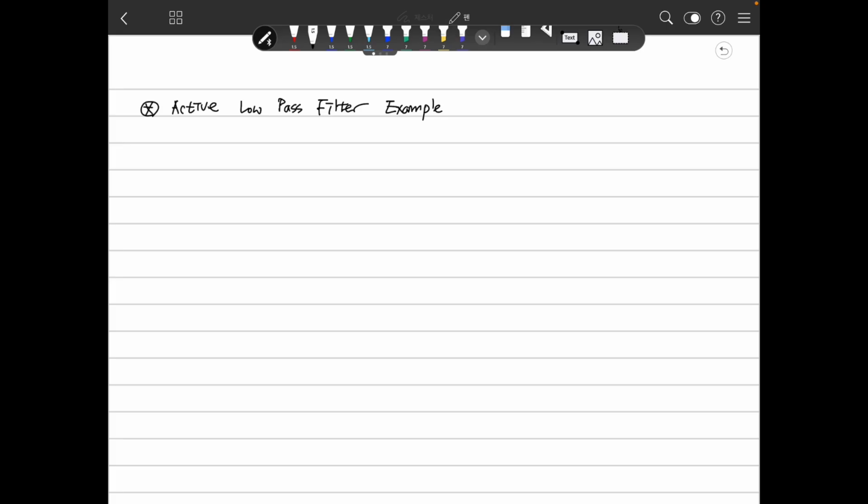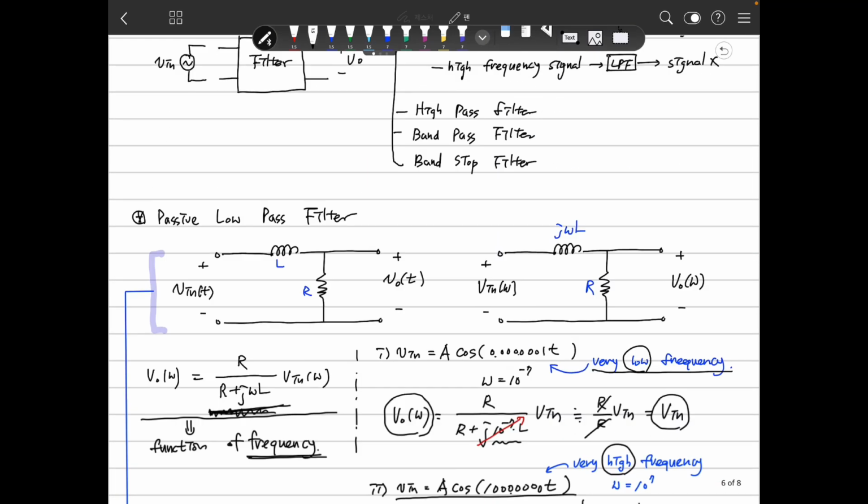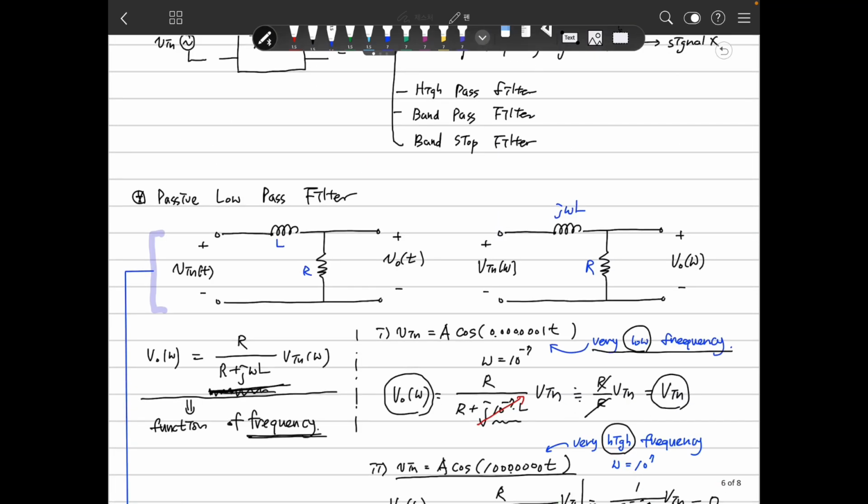Active means we use the op amp. When a circuit has an op amp, we call it an active circuit. Here we call this a passive circuit.